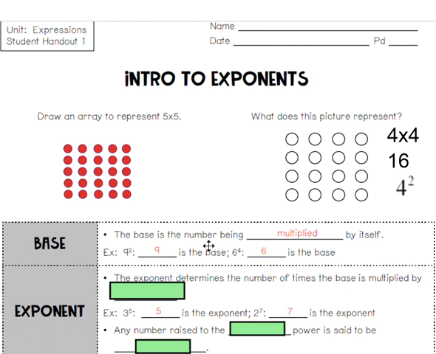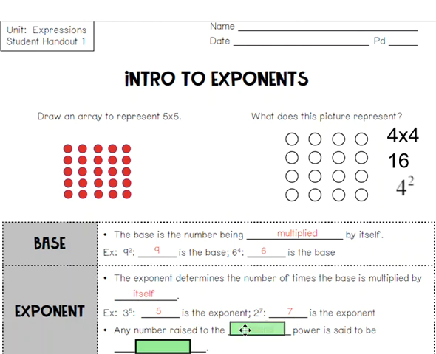The exponent, though, is the smaller number. It's the one that determines the number of times the base is multiplied by itself. So if we look at this example, 3 to the 5th power, we've already decided 3 is the base. Well, that makes 5 the exponent. Okay, there's your first blank. In this one right here, 2 to the 7th power, 7 is the exponent.